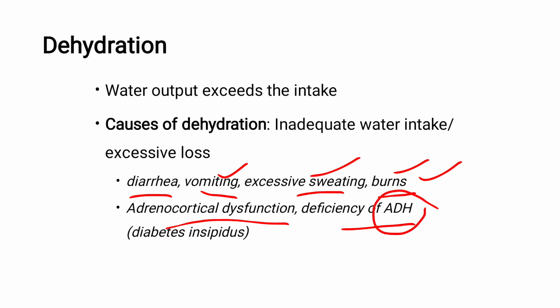ADH, antidiuretic hormone, also known as vasopressin, is produced by the posterior pituitary, and this helps in conserving the water level in the body. In case of deficiency of ADH, there is excessive loss of water, which is called diabetes insipidus. Because of this, dehydration sets in.